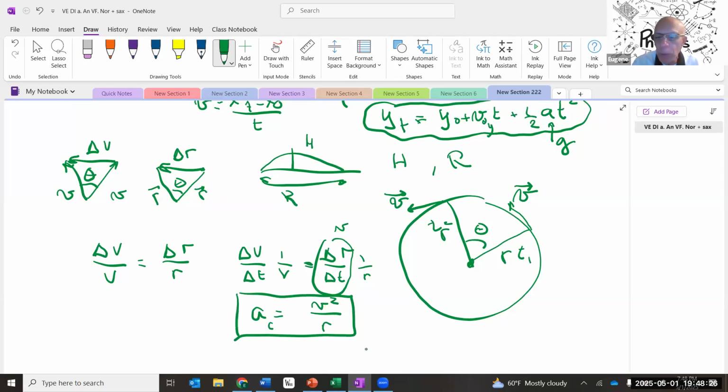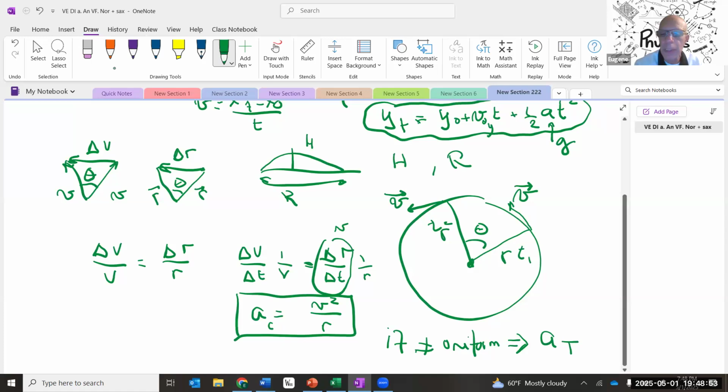If this motion is not uniform, that implies there is a tangential acceleration. So that means that now this thing here is going, let's see, I want to change the color here.